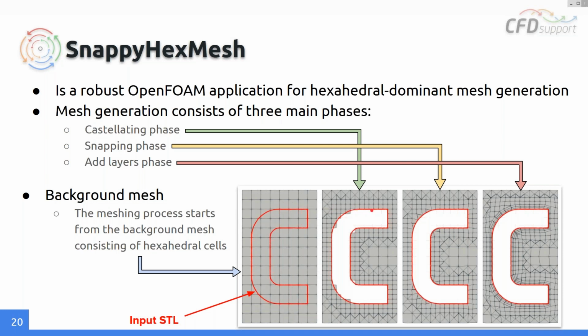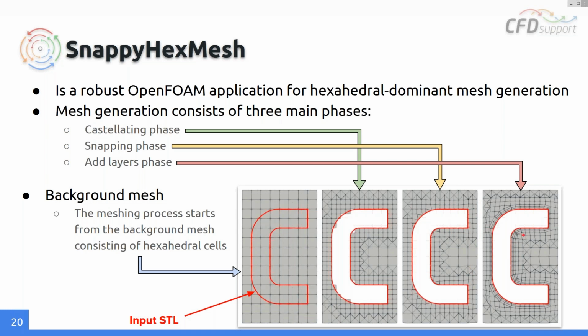and from this mesh, the meshing starts. First is the castellating phase, so it follows your objects, refines based on the given parameters, and at the end of this phase, it gets rid of the cells which are not in the place you would like to mesh. Then there is the snapping phase, so there is no splitting of cells, and it just attracts the points to correspond to the surface geometry.